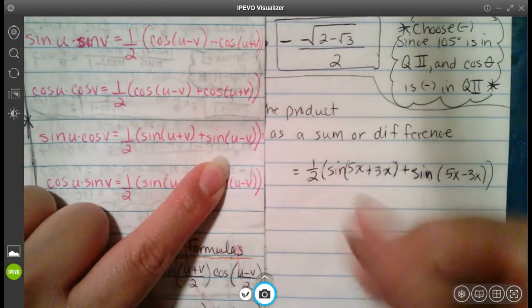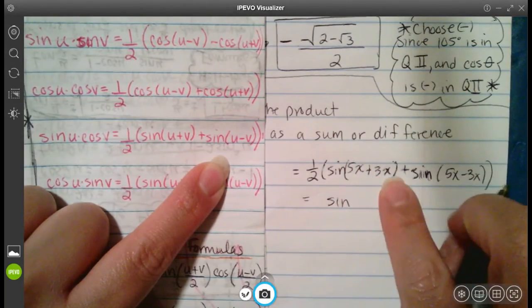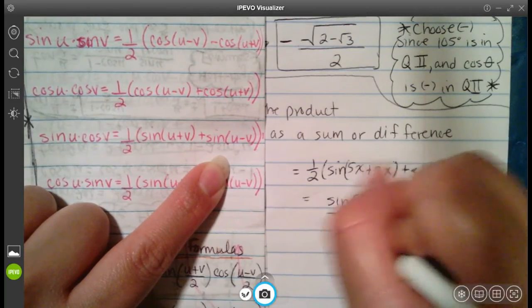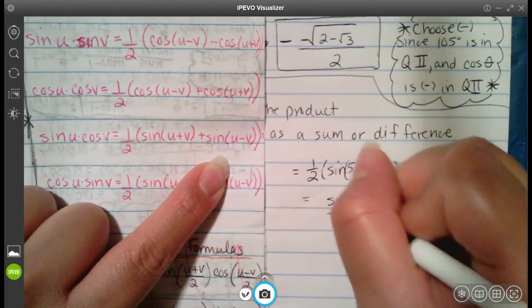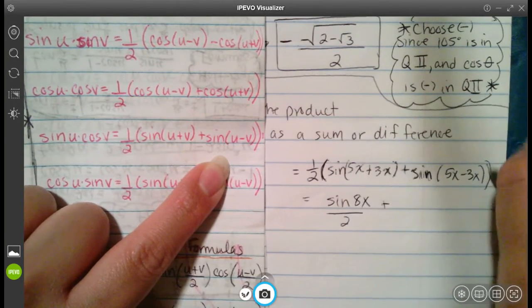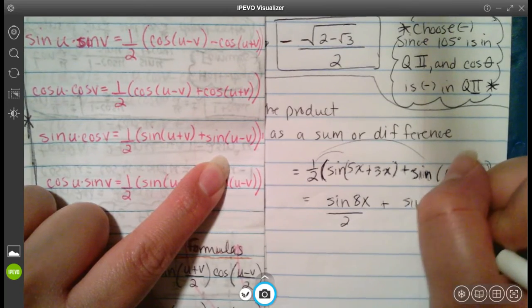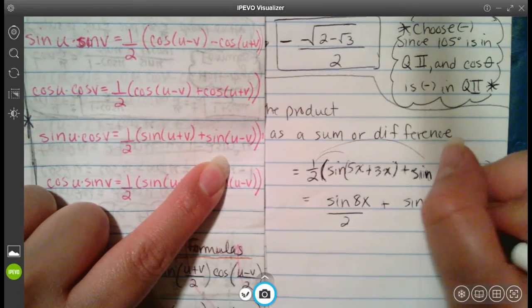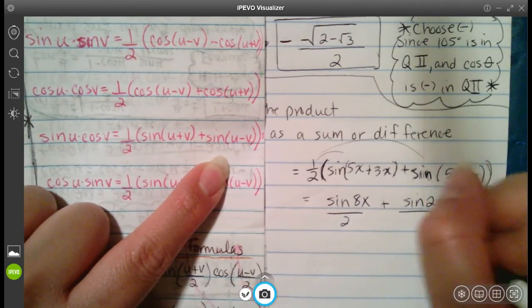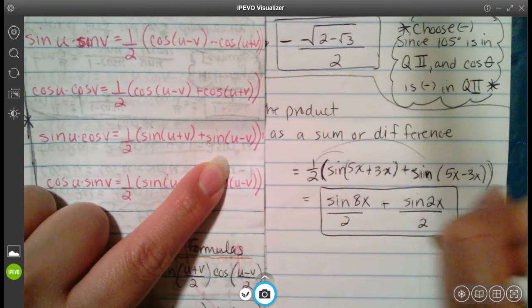And then we just simplify, so this is going to be the same as sine of 5x plus 3x is 8x over 2, or times a half. Because this whole thing is multiplied by a half, so you kind of have to distribute it at some point. Sine of 5x minus 3x is 2x, also over 2, and guess what? We are done. See, that wasn't so bad.